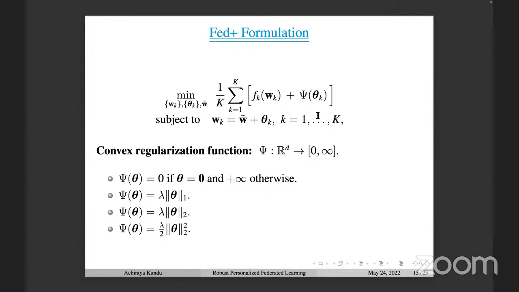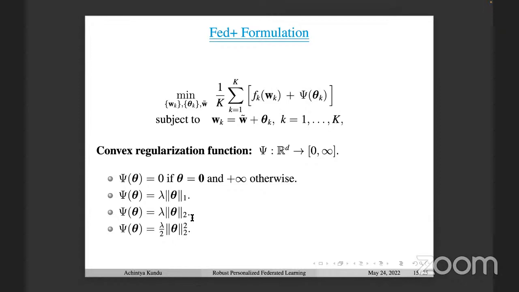Other regularizers will allow you to deviate from the global model, and based on the amount of regularization you employ, you'll get your results. Here we are not specifying what regularizer you should use. You are free to use your own favorite regularizer. Maybe on certain components you want to use a one norm, on certain components a two norm. You are given complete flexibility in choosing this regularizer.